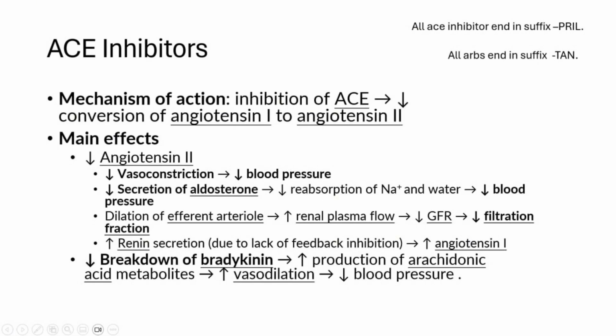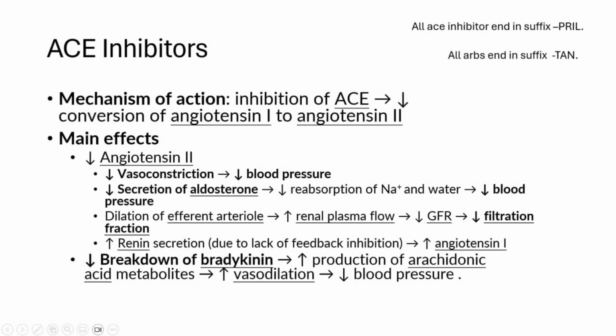So as this aldosterone will be inhibited, there will be less reabsorption of sodium and water from the blood, and this will cause a low BP. And dilatation of the efferent arteriole will cause a decrease in GFR and a decrease in filtration fraction. And this is the most important: breakdown of bradykinin is inhibited.